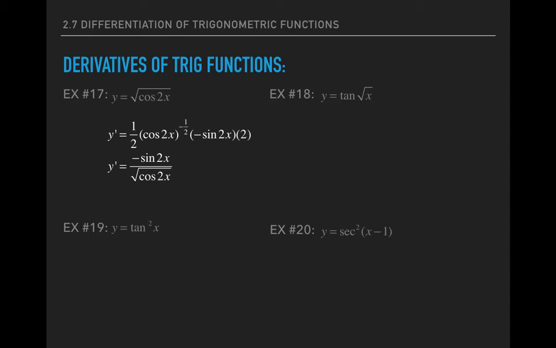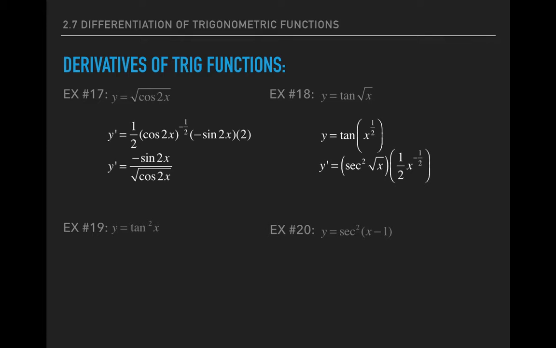All right, so now, problem 18, we are transitioning into our other trig functions. Tangent is that one. This would be written as tangent of x to the 1/2 power. So your outside function is the tangent function, whose derivative is secant squared. And that inside function is the square root of x.